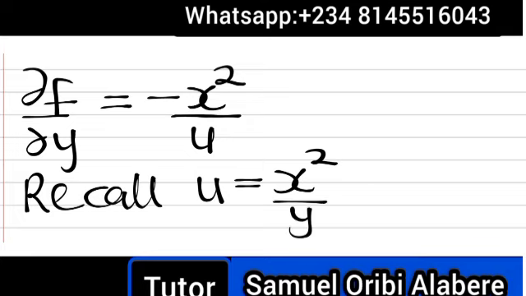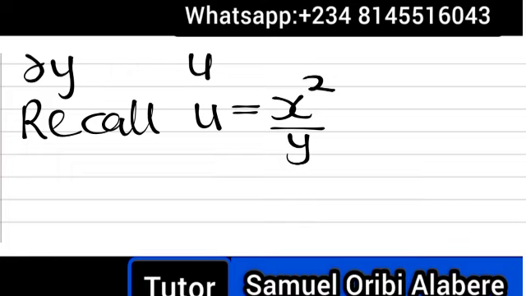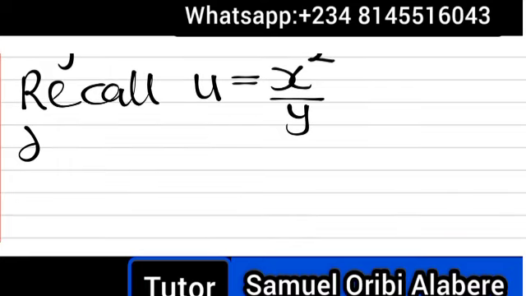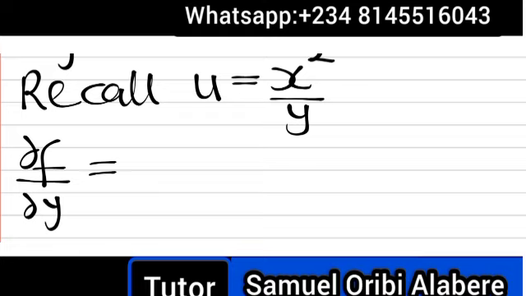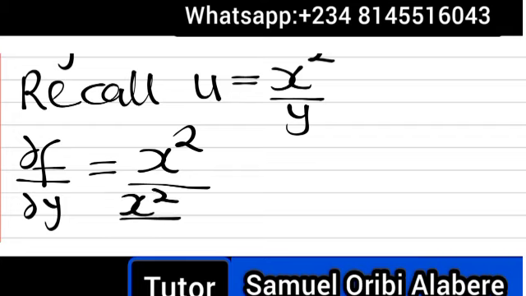So then, substituting our value of u into the partial derivative above, our partial derivative of f with respect to y will then be equals to negative x raised to the power of 2 all over x raised to the power of 2 divided by y.